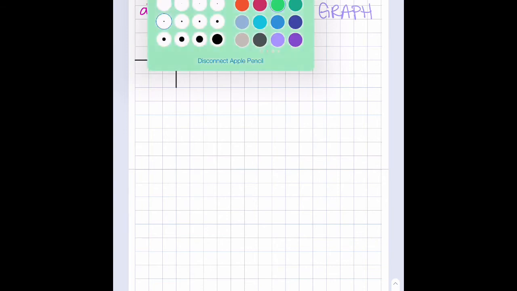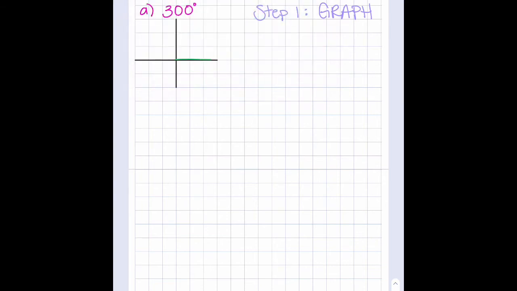I have to start here because this is where the initial side starts. From here to here is 90, here's 180, here's 270, so I have to keep going. Wow, my iPad just automatically did a circle, but I know I need to go bigger than this. If this is 270, then I just need to go 30 more over.